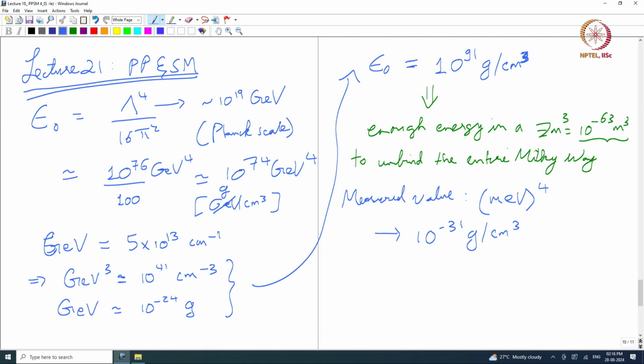This makes more sense to us intuitively. This is such a small energy density that it makes sense that we never hear of this in ordinary life, that there is some energy out there coming from quantum field theory, the 0 point energy of quantum field theory.